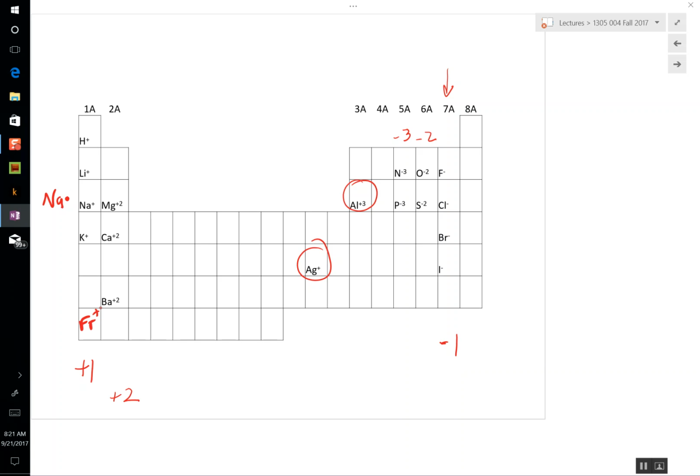It's losing its valence electron. The alkaline earth metals lose two valence electrons and become plus two ions. Aluminum. There's its Lewis dot structure. It loses those three valence electrons, forms a plus three ion. And then you get into here where fluorine has 7 valence electrons. It gains an electron. These form negative one ions.